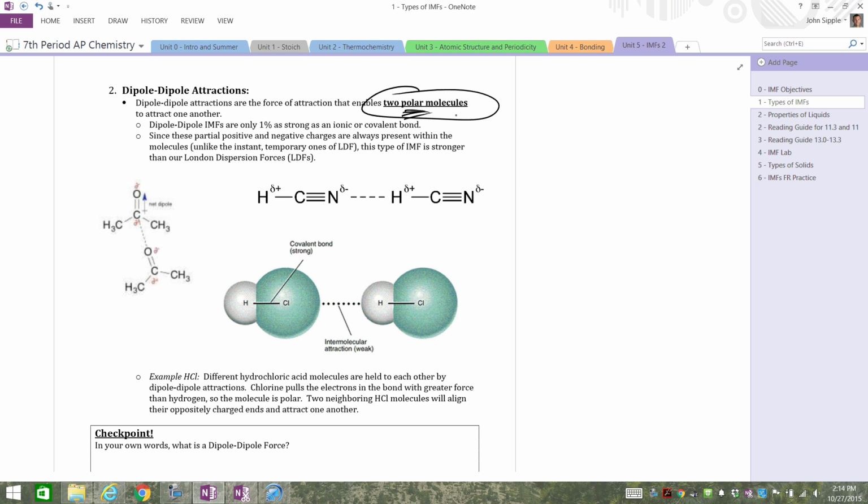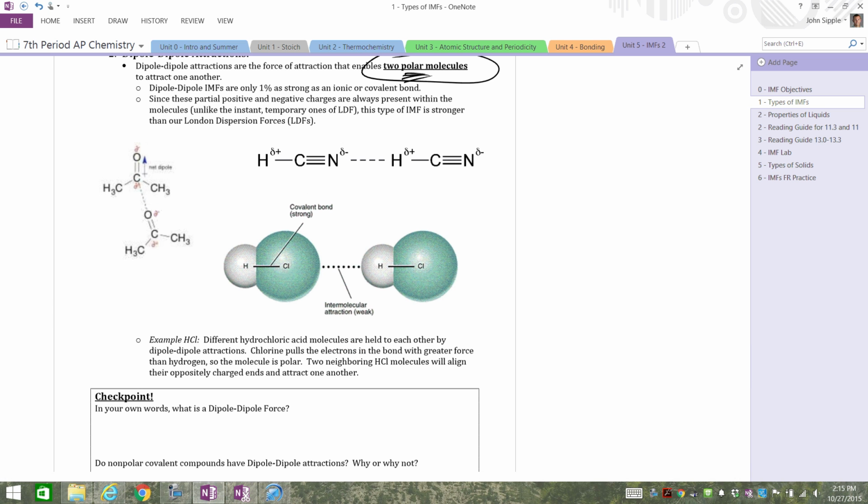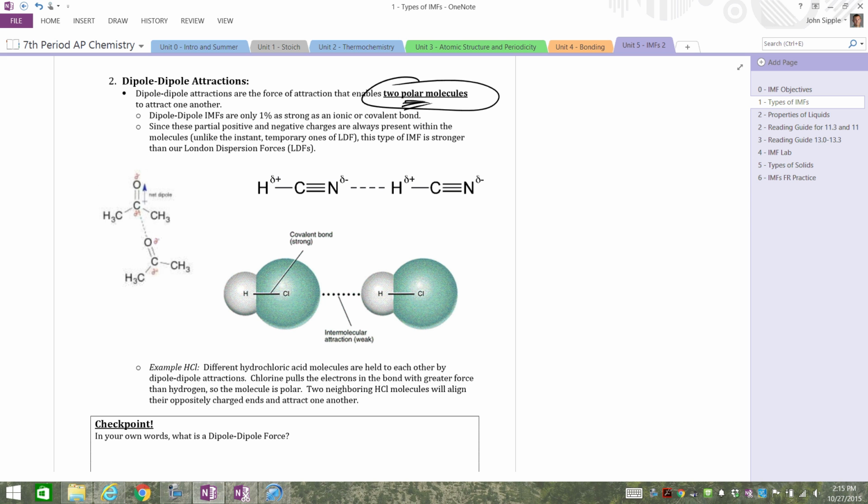A polar molecule has a permanent dipole. It's got a positive end and a negative end permanently, based on electronegativity and its symmetry. Because it's asymmetrical, it's a polar molecule, and you get attraction, just like a magnet. The little tiny magnets, positive end, negative end, attracting each other.